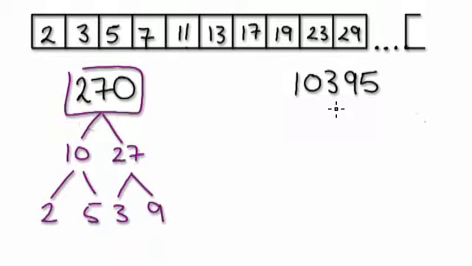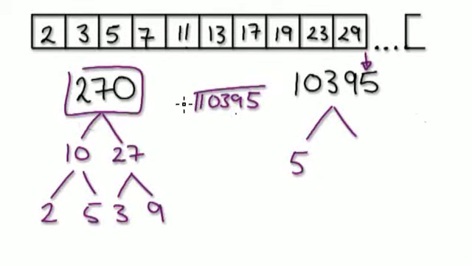Okay, so now let's break this up. Because of this 5 here, I'm going to try and break it up as a 5 times something. So let's do 10395 divided by 5. 10 divided by 5 is 2, and then 3 is too small.